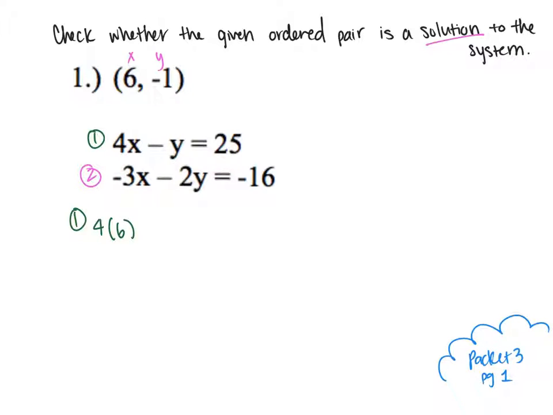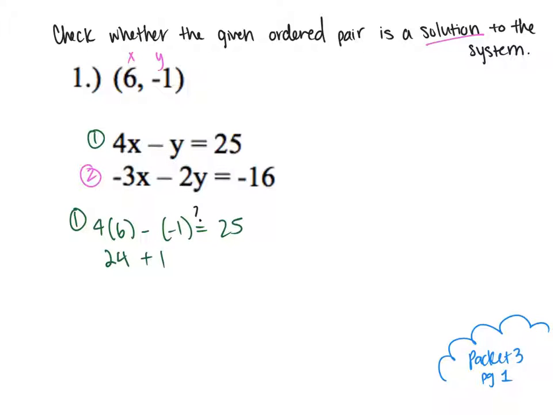So I'm plugging in 6, and then I have -1 for my y. I need to make sure that it equals 25, so I'm going to put a question mark on the equal sign because I don't know yet. In this case, 4 times 6 gives me 24. Two negative signs on this one makes it a +1, right?